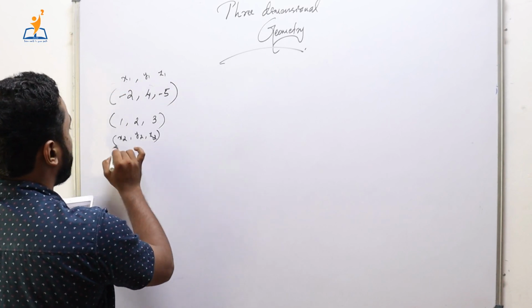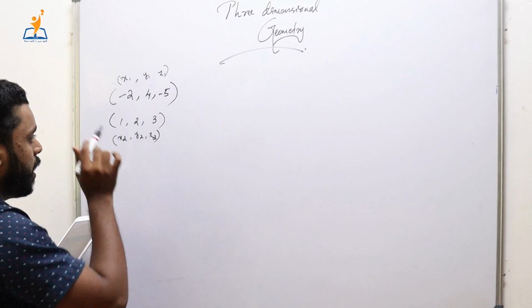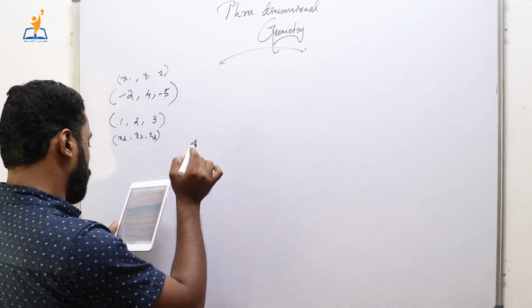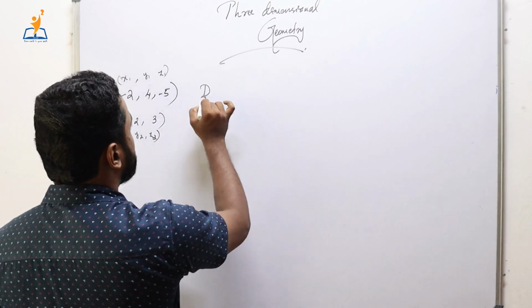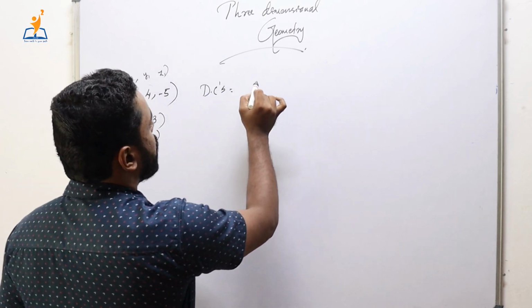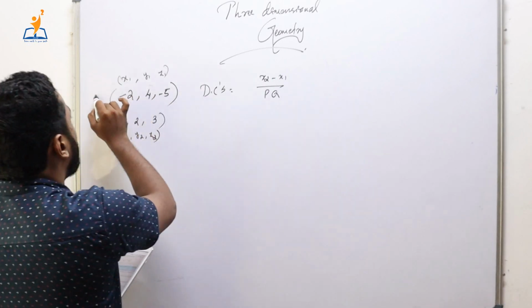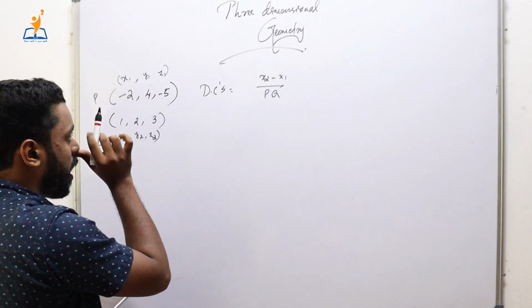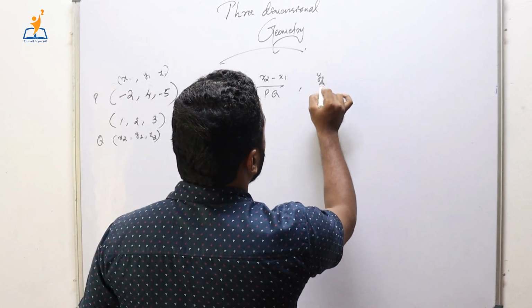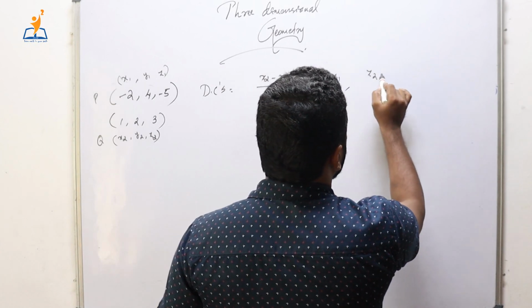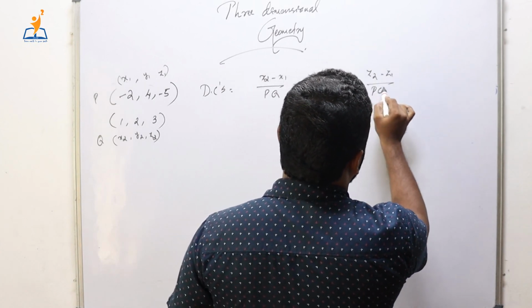We know that whenever we are given 2 points x1, y1, z1 and x2, y2, z2, the direction cosines are what? x2 minus x1 divided by PQ. Suppose that this point is P and this point is Q. And the next one is y2 minus y1 divided by PQ. And the third one is z2 minus z1 divided by PQ, right?